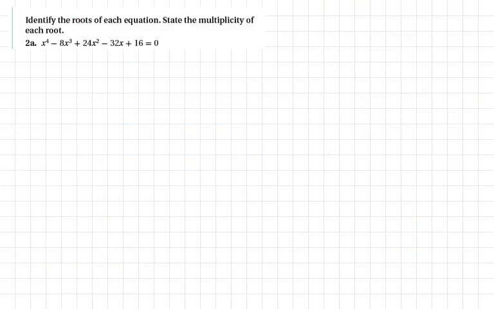So we're going to take this one. I chose a challenging one. Some of the other ones in your homework you're going to be able to use difference of cubes, sum of cubes, or factoring by grouping to factor. This one's a little trickier, so it took me a little while, but I noticed that there is an x to the fourth and there's a 16, and that 8, 24, and 32 are all factors of 8.